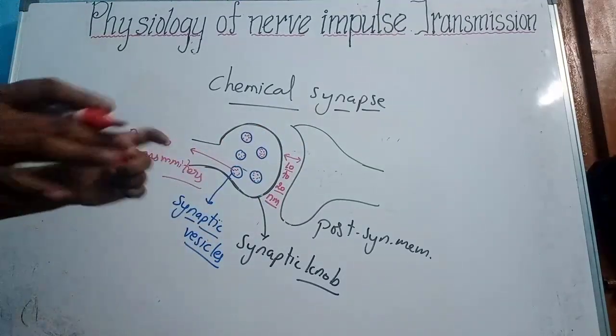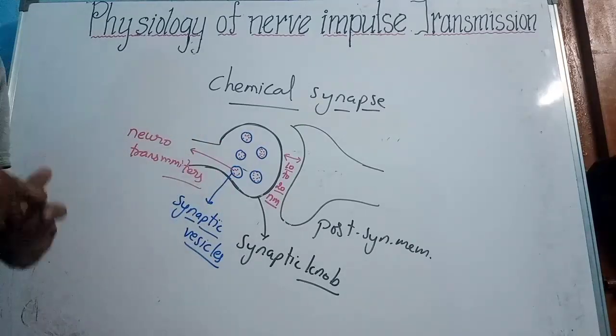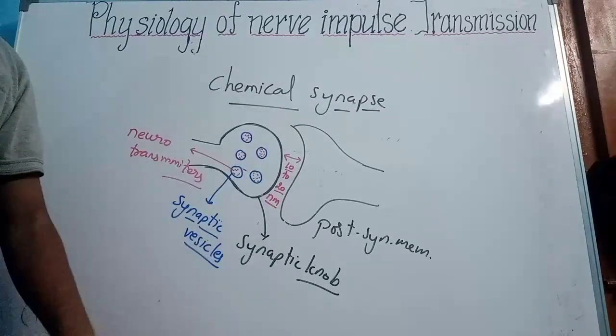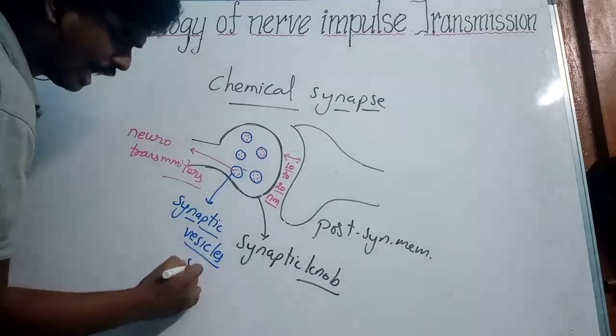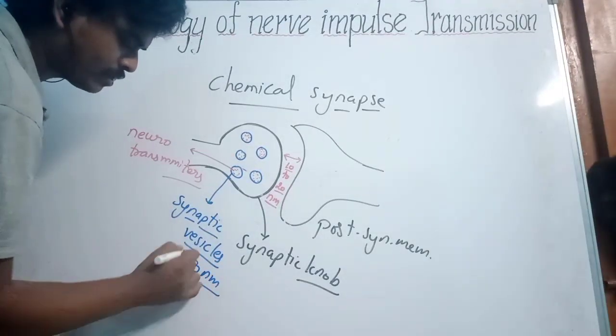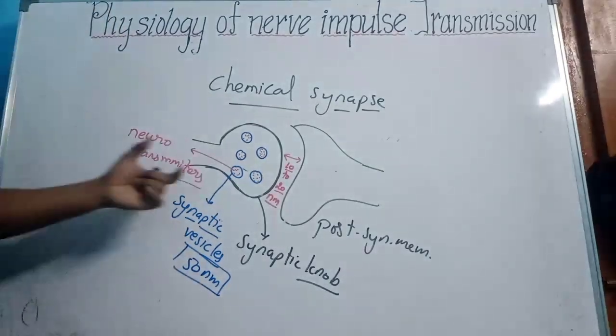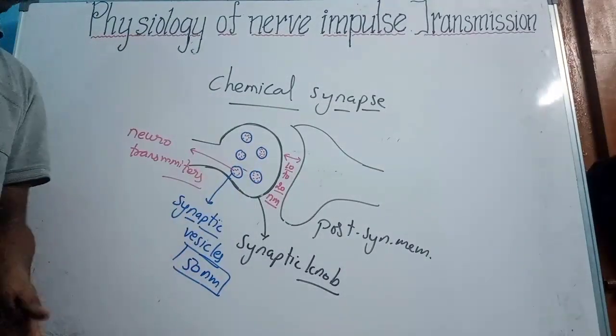So the neurotransmitters will be ready for their action. You can see a lot of them, and each vesicle will be around 50 nanometers in diameter, and each vesicle contains the neurotransmitters.